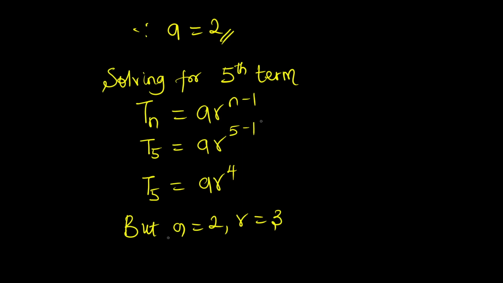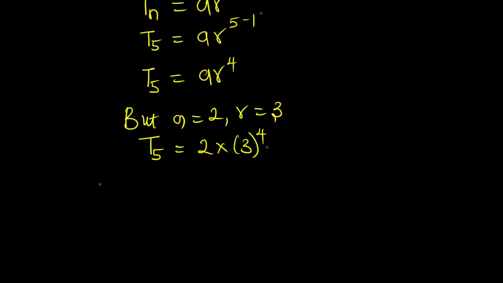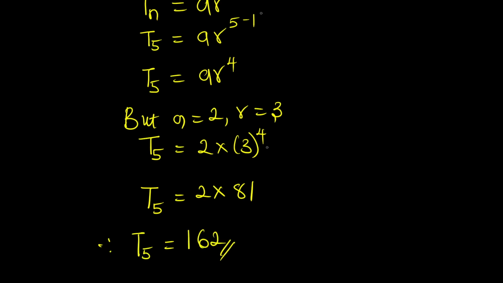By substituting the values, we are going to have that our T5 will be equal to 2 times 3 raised to the power of 4. 3 raised to the power of 4 is 81. Hence, we are going to have that our T5 will be equal to 2 times 81. 2 times 81 is 162. Proceeding further, we are going to have that our T5 will be equal to 162. That is our final answer.